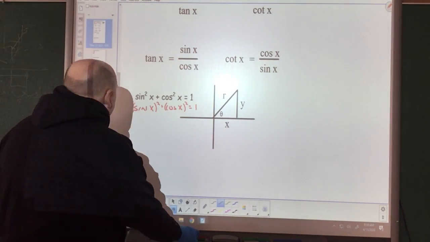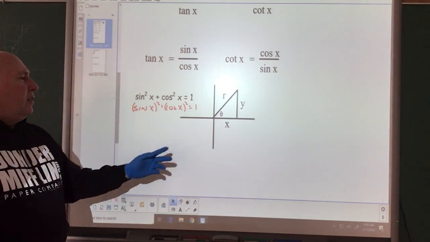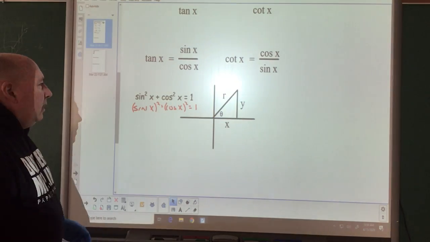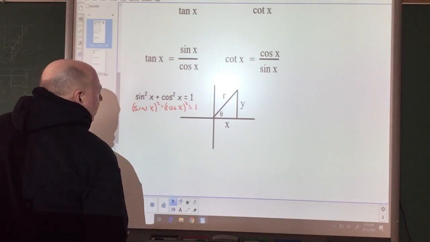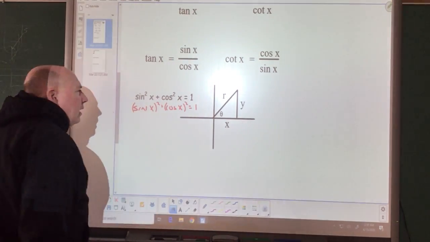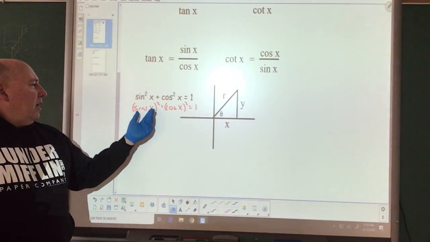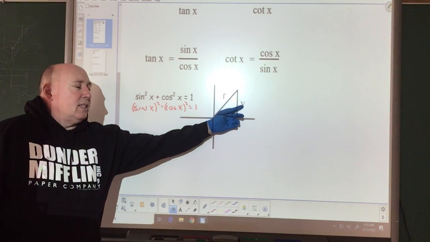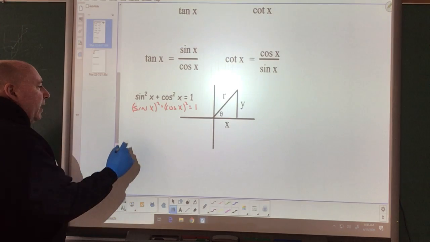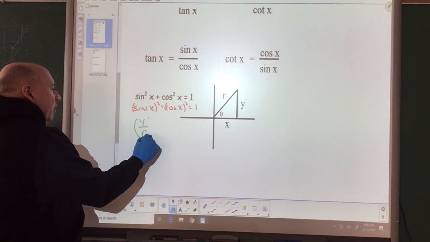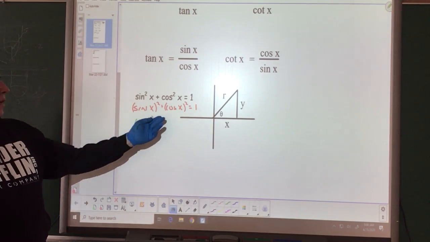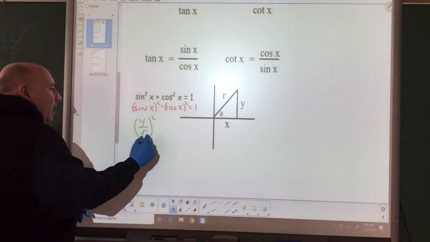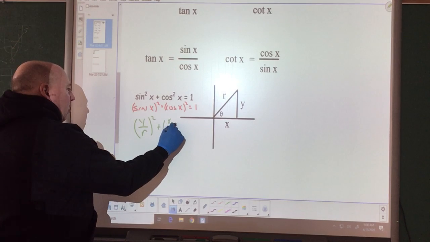Now we will go through some derivation of this. To do the derivation, we're going to use this right triangle here. Here's my angle theta. The sine of theta is defined as opposite over hypotenuse, so we have y over r, squared. The cosine of this angle is defined as adjacent over hypotenuse, so we have plus x over r, squared.